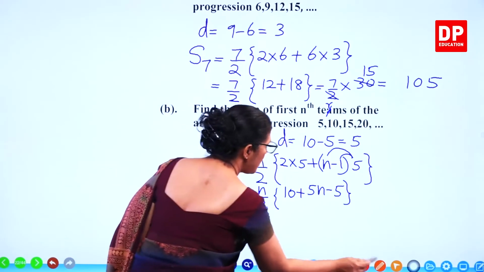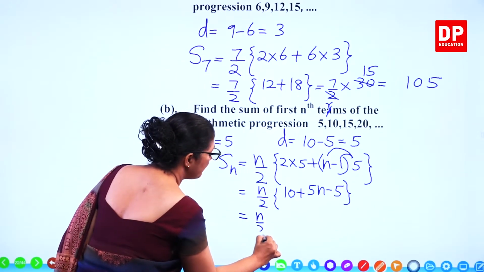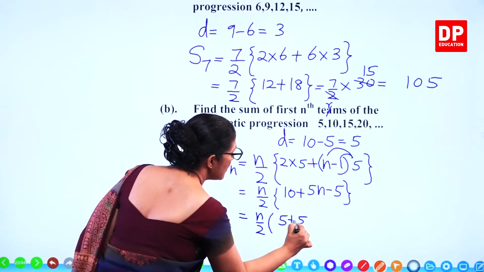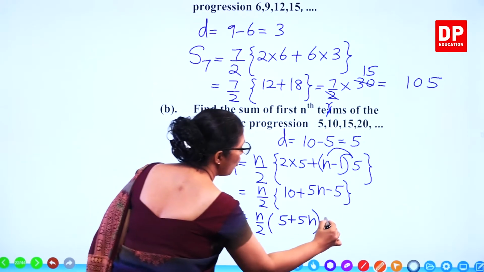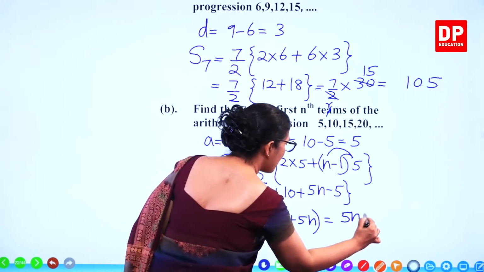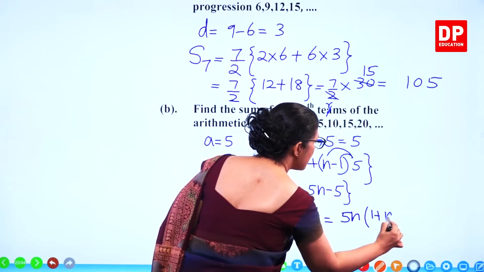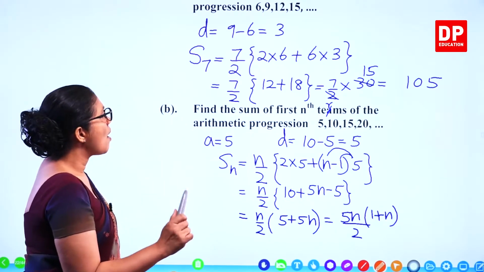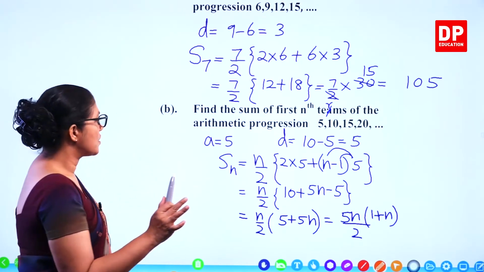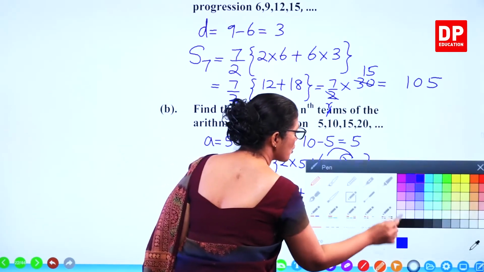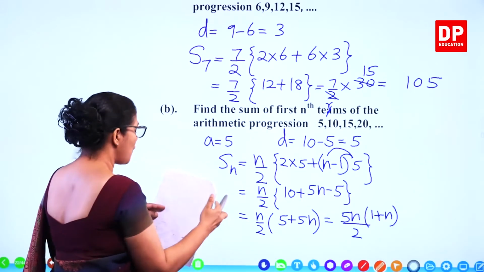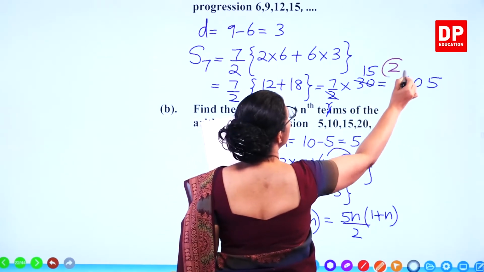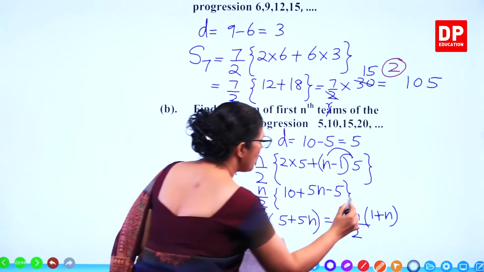So you can write down n over 2, 10 minus 5 is 5, 5 plus 5n. If you want, you can take 5 out and write 5n 1 plus n over 2. So that's the sum of first n terms of this arithmetic progression. So how many marks for that? 2 marks for this sum. 2 marks for that.